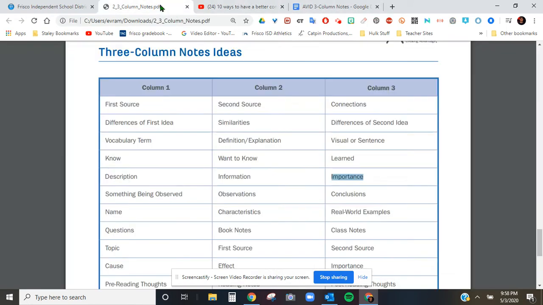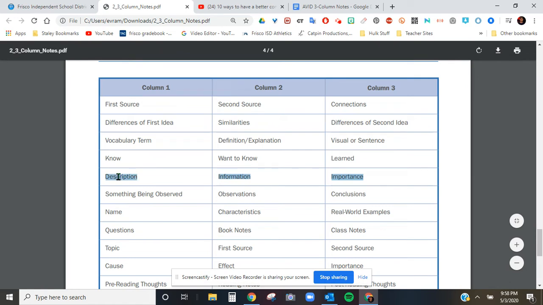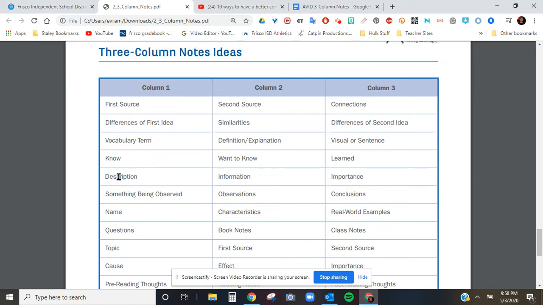This person's probably going to give you the first statement, let's say, step one. Whatever this person says, you're going to put in the first column. Let's just say, for example, it's making eye contact. And column two is going to say, well, what does this person mean by making eye contact? And then you're going to put that into column two.